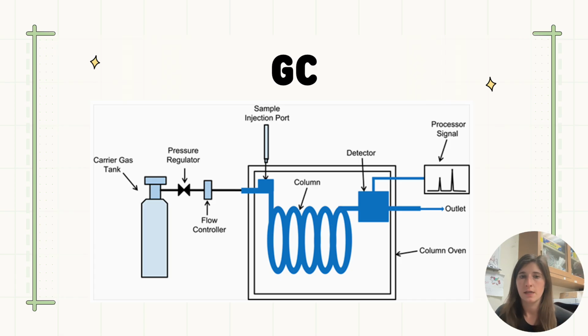So there are different detectors that can be used in gas chromatography. We have a thermal conductivity detector, an electron capture detector, a flame ionization detector, and a nitrogen phosphorus detector. The most common type of detector used in toxicology is going to be the flame ionization detector, or the FID.